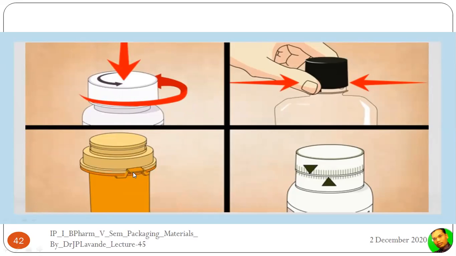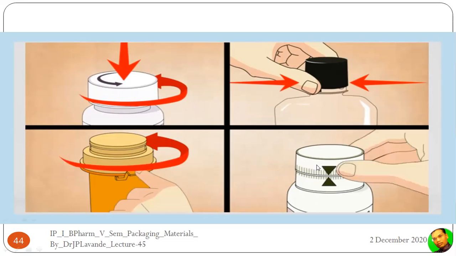This notch has to be pressed down, and then we have to rotate the cap so that it will be opened. And in the fourth one, you can see these are not matching with each other. First we need to match the numberings, and then rotate it. Such closure systems are very difficult to be operated by children.